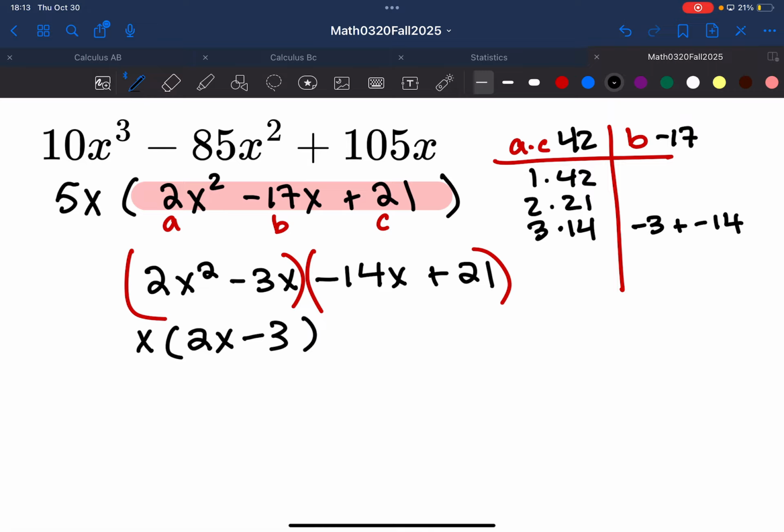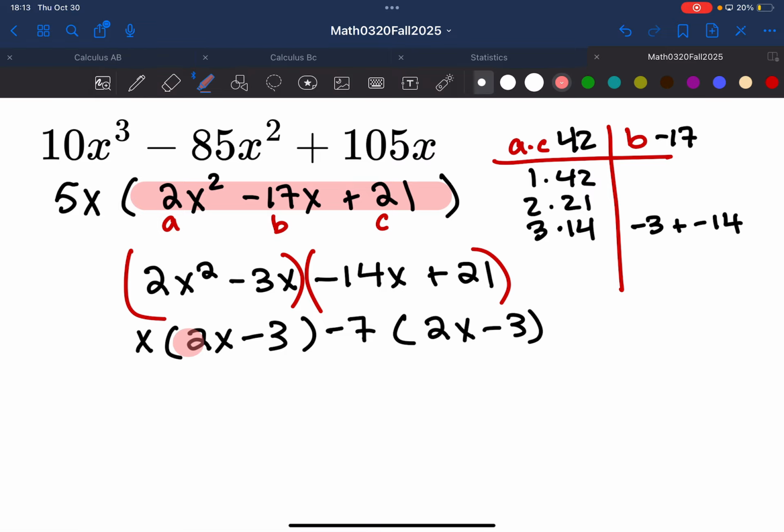So what GCF can I take out? Negative 7. Why a negative 7 and not a positive 7? Negative 14. Good, because we want a positive 2x in the parentheses. So 2x minus 3. Remember, we always want these to match up.